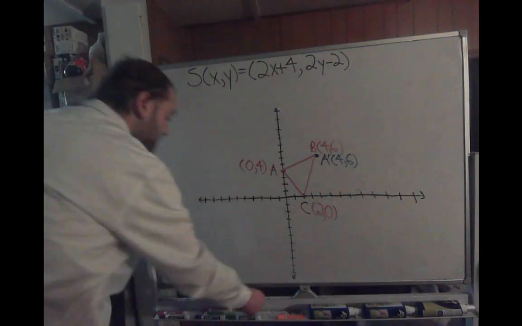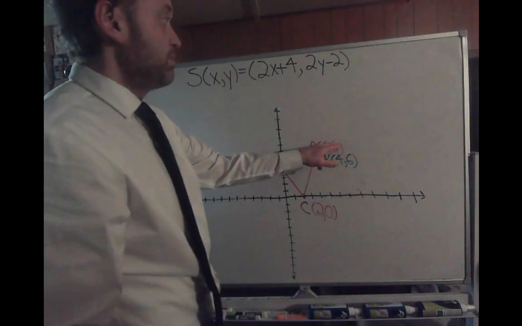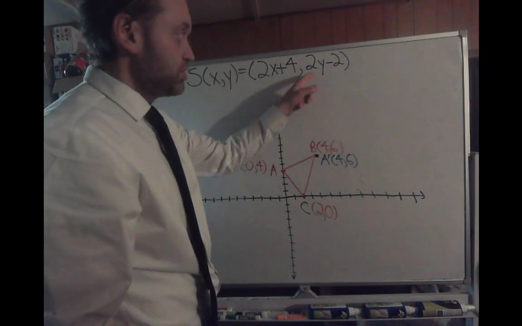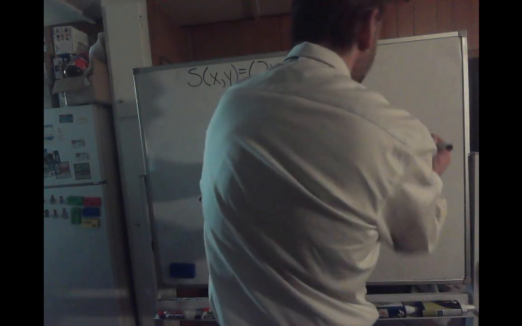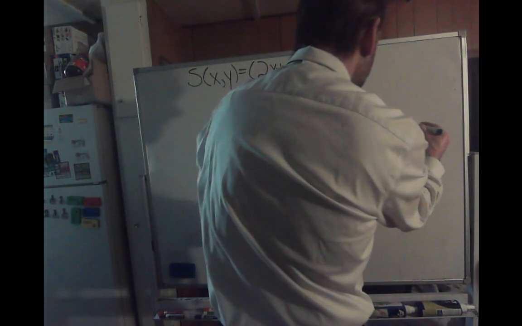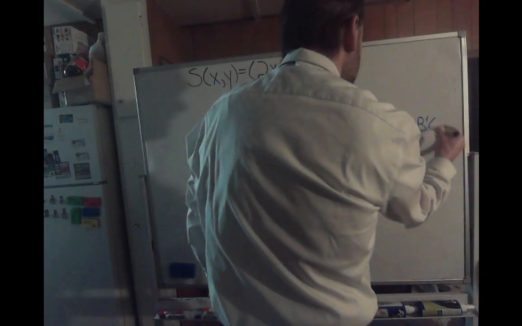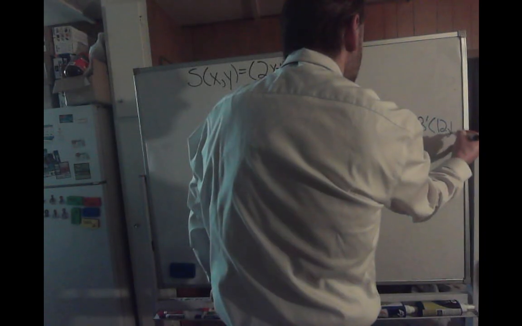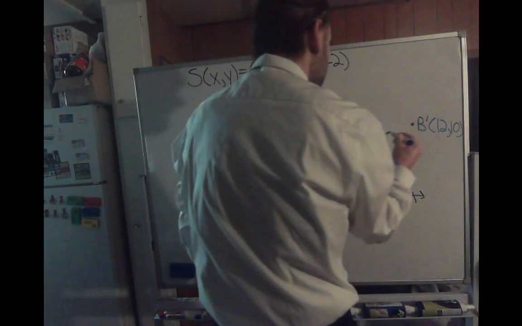So we'll be at x equals 12 for the x. Now put in the y value for 2y minus 2. Well, 2 times 6 is 12, minus 2 is 10. That's going to put me right there, B prime would be at the point 12, 10. So let's go ahead and start connecting these.